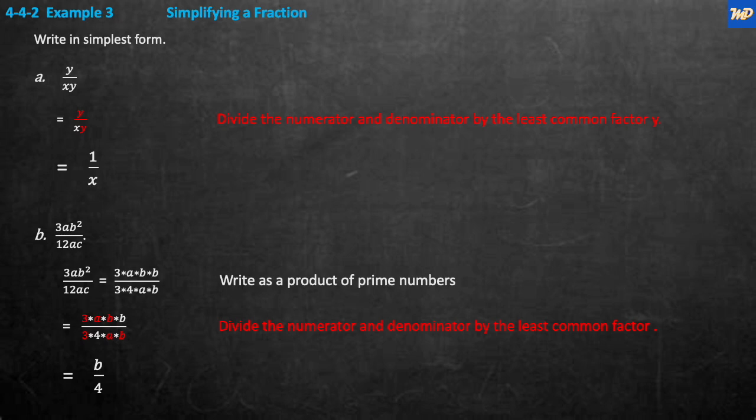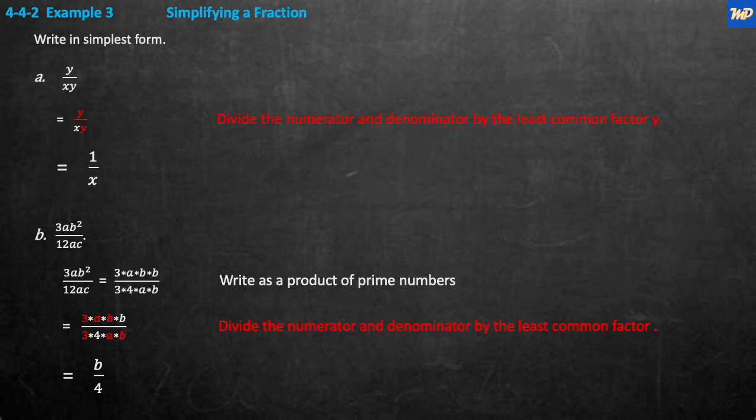For B, it's 3ab squared divided by 12ac. Starting off, what can you factor out of the numerator and the denominator? We have a 3 all by itself, and the 12 on the bottom is 3 times 4. So as you see, they wrote 3 times a times b times b.